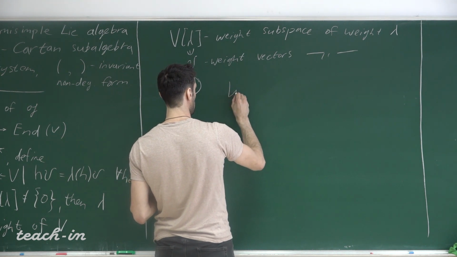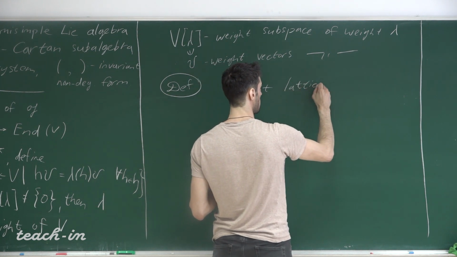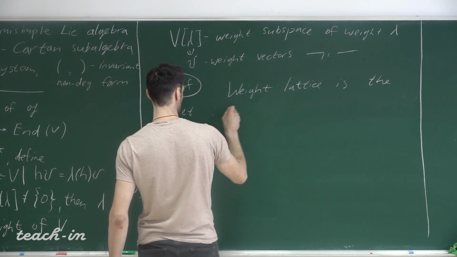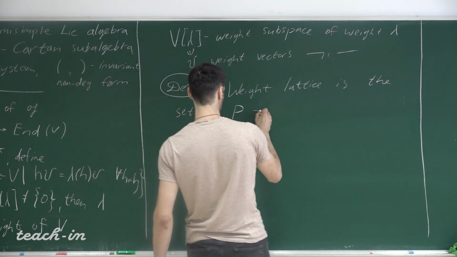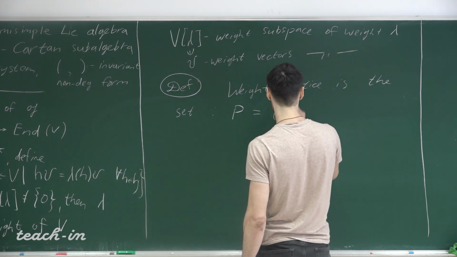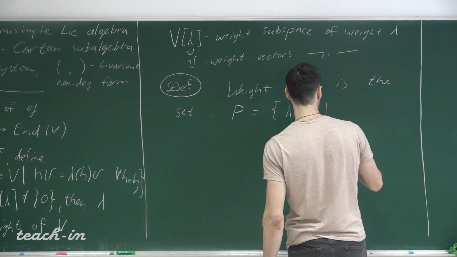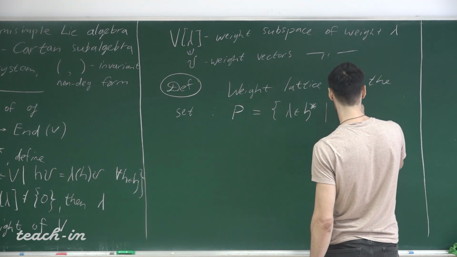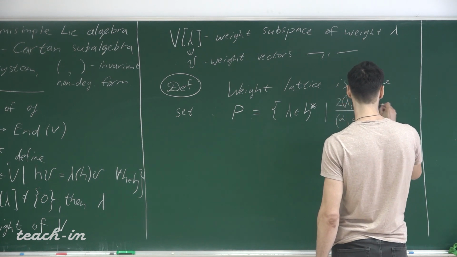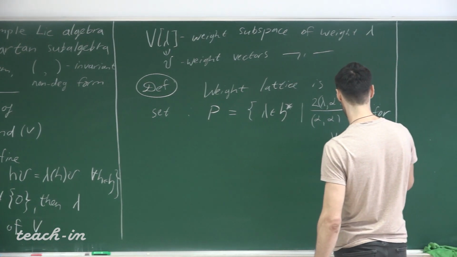It is the set defined as follows, and we'll denote it as P. These are all elements in H star such that the number 2 (lambda, alpha) over (alpha, alpha) is an integer for any root alpha.